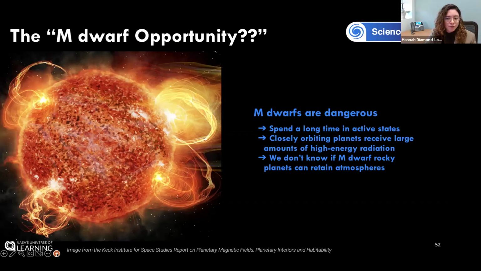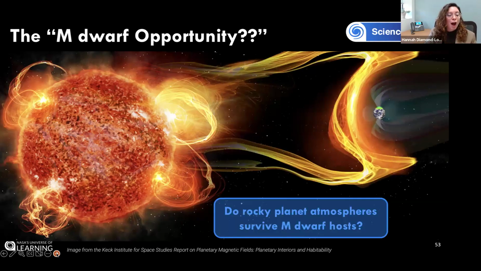So we don't actually know if M dwarf rocky planets writ large can retain atmospheres. The question we've come to, after many years of being excited about this M dwarf opportunity, is: do rocky planet atmospheres survive their M dwarf hosts? How are we going to answer this question? The Rocky Worlds DDT is actively working on this.